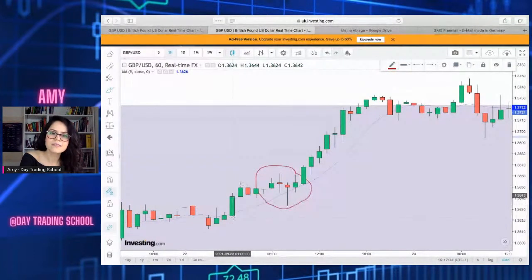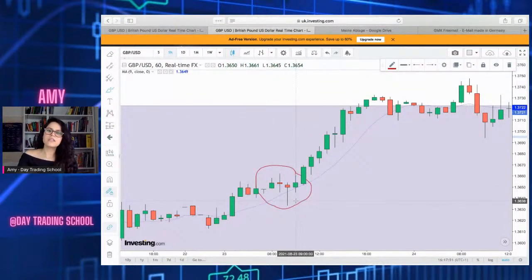And then we see a sideways movement, right? And then what happens? We get two doji patterns. They can actually be ignored, because two doji patterns in a sideways movement doesn't mean much.